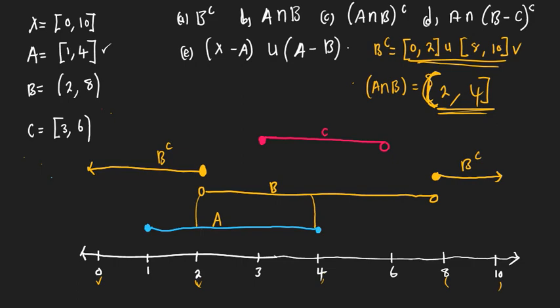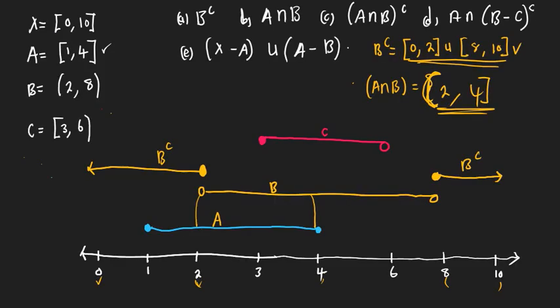And then we can find A intersection B complement. So we have found A intersection B, but let's find A intersection B complement.